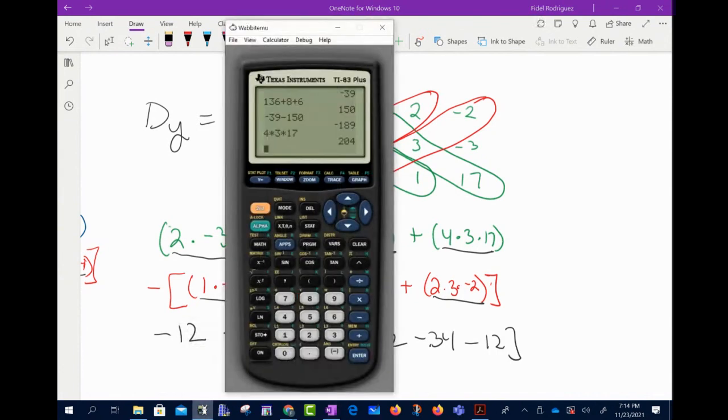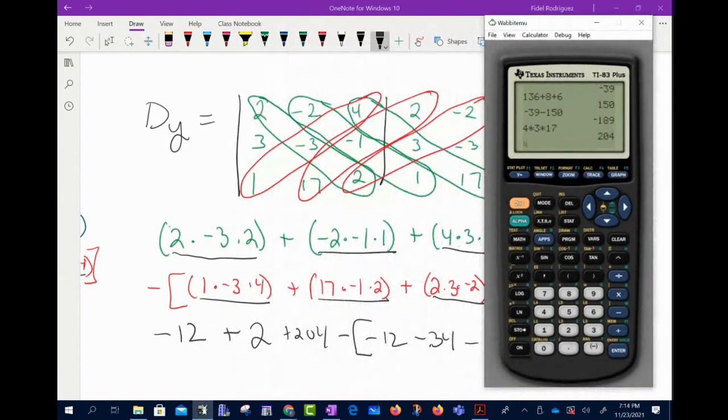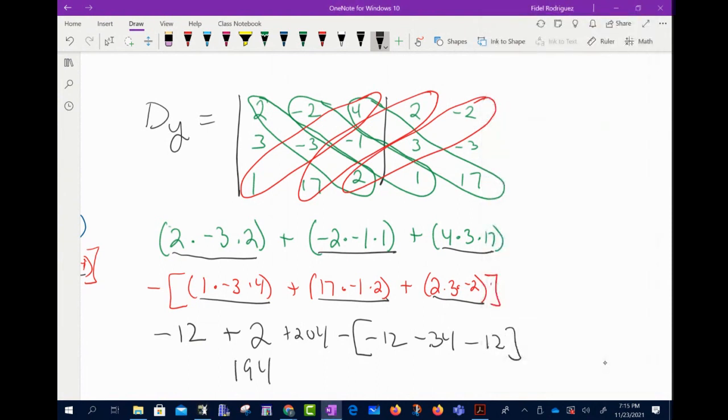Okay. So now I'm just going to use my calculator to do this first part. So -12 plus 2 plus 204 is 194. This is 194 minus, let's see, these are all negative.